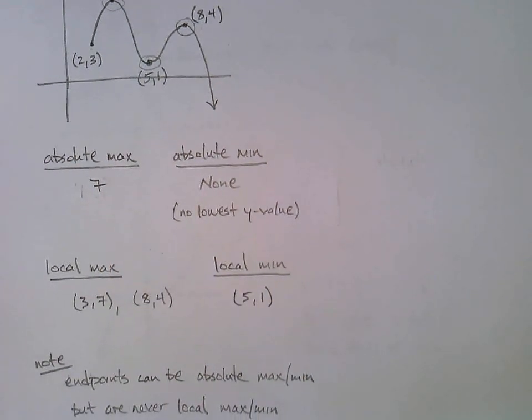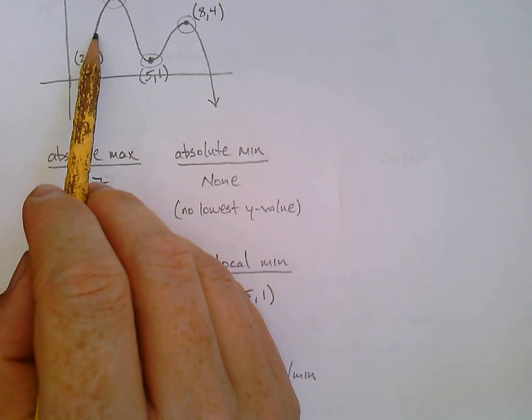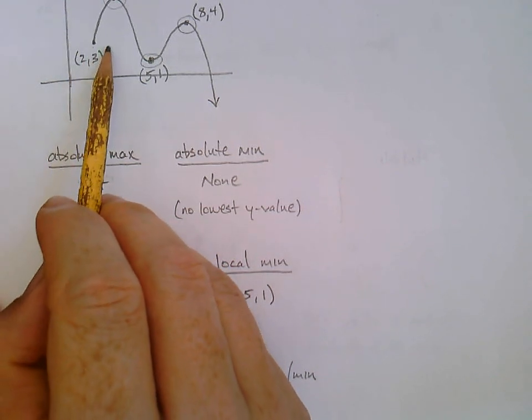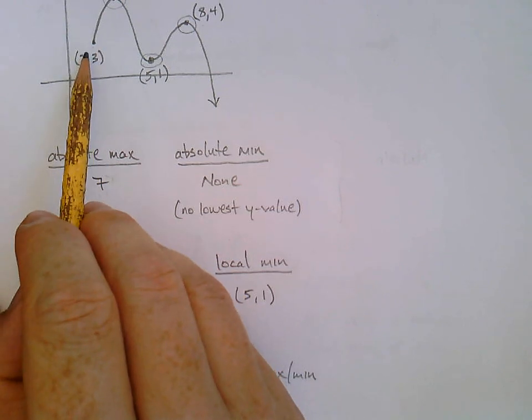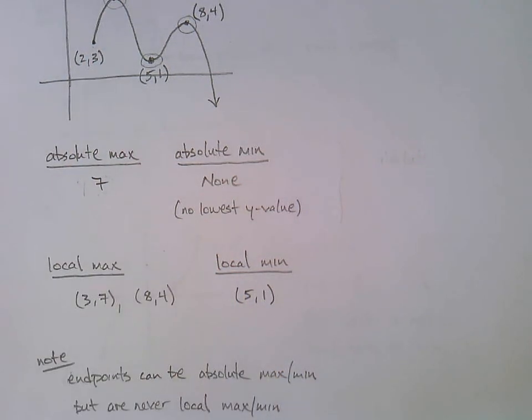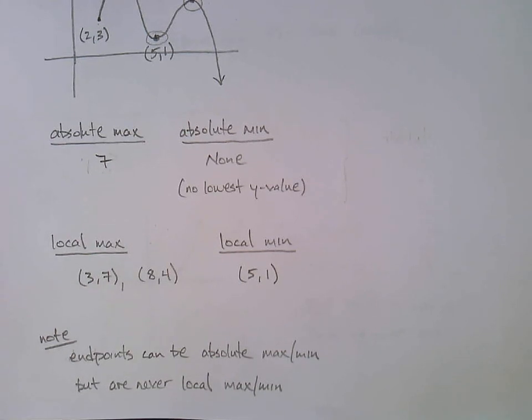But we never consider an endpoint to be a local. Maybe one way to think of it is, if you were to think of a neighborhood, it only has neighbors on one side, not on two sides. Maybe that's kind of a justification there.